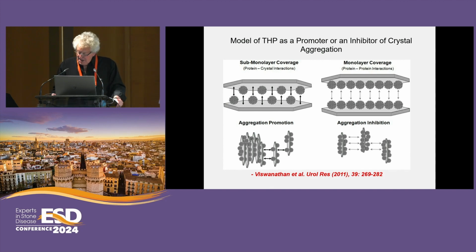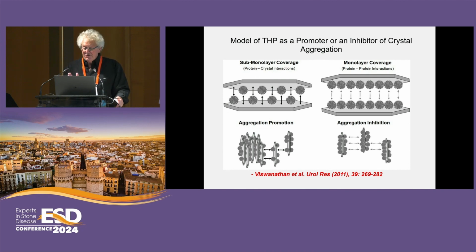In the first diagram on the left, here, all right, you can see it's a sub-monolayer. In other words, it's not covered completely, and there's attractive forces that can result in aggregation shown in the panel below.